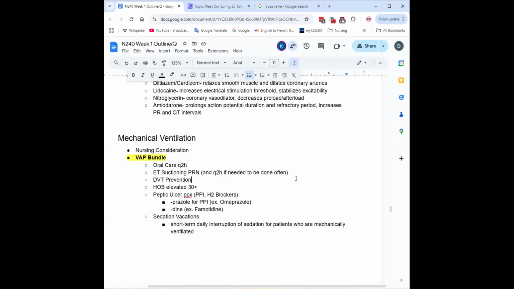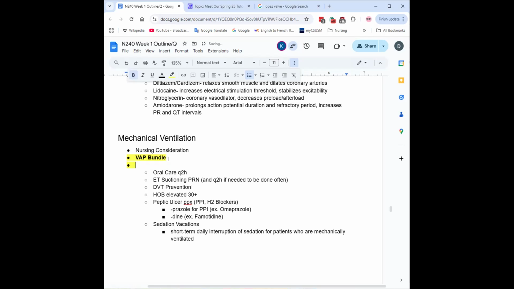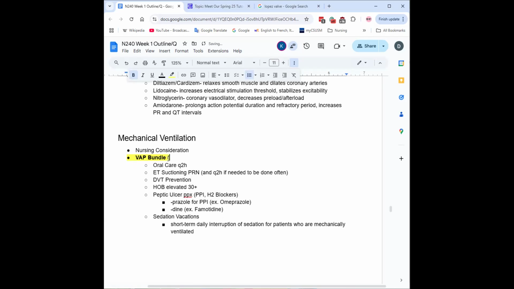I thought you were going for pressure ulcers too, which I realized technically is not part of ventilator bundle care, because the bundle is specifically for pneumonia, that's what VAP means. I'm trying to figure out why DVT prevention is in it. But yeah, it's supposed to be for pneumonia. But for these patients as well, they can't move themselves, so pressure ulcers is something we really need to watch for as well.